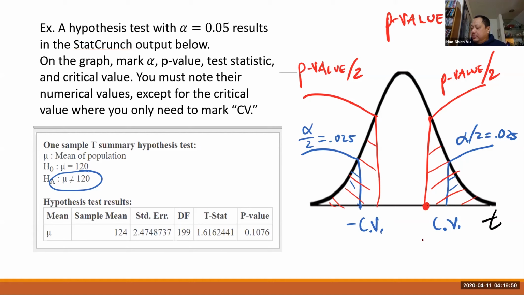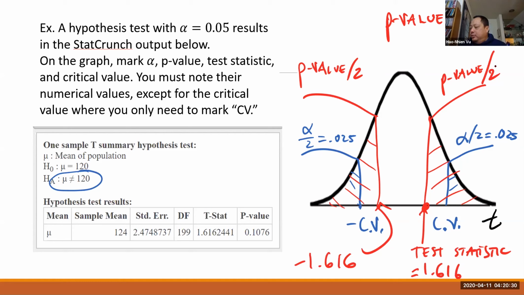Here's my test statistic. Test statistic is just a number on the axis, so whatever value it is, it is. I don't divide by 2. I divide the area by 2 because I need a total area equal to certain things. The test statistic is just like an address. Test statistic is 1.616, and over here is negative 1.616.